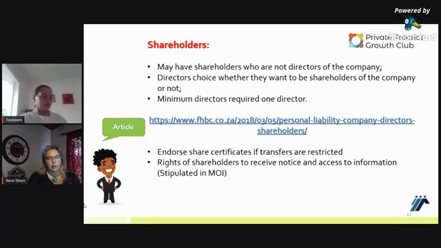Once again, that will also come in with the PAIA manuals that are set up for companies and organizations. That is the public access to information. So there's certain information that you as a shareholder or a director can automatically ask access to.